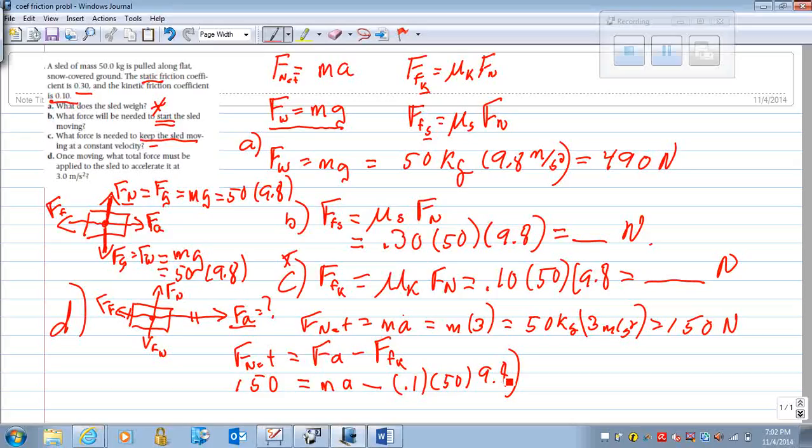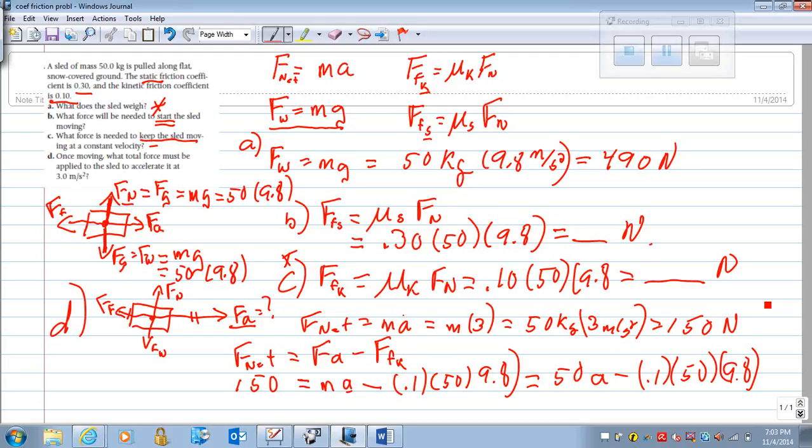So my question is, what would be the acceleration associated with this applied force? I do know my mass, so that means that 150 is going to equal my mass, 50 kilograms, times my acceleration, minus 0.1 times 50 times 9.8.